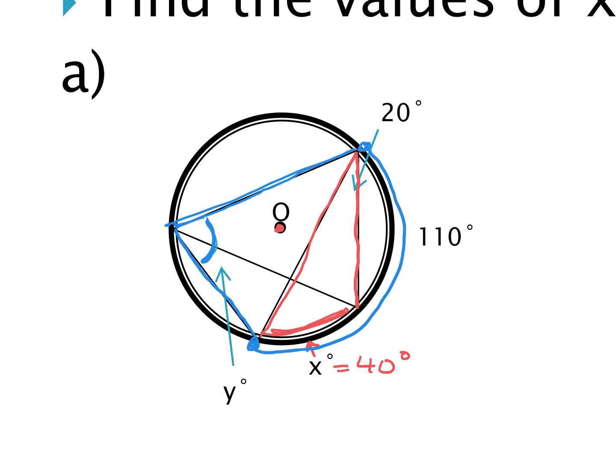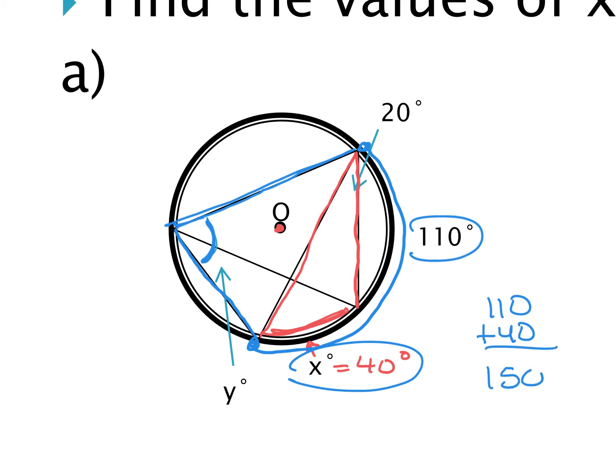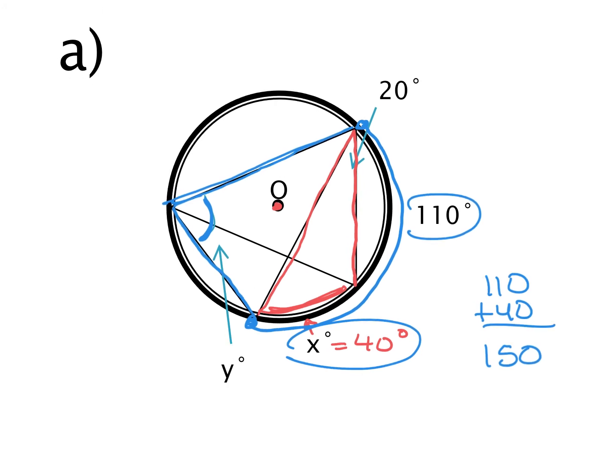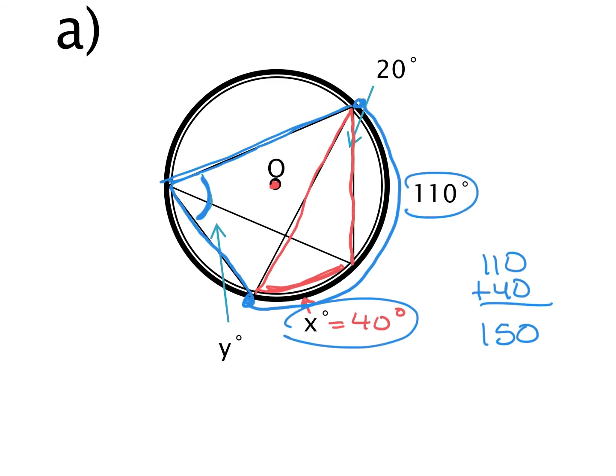So now to find the measure of its intercepted arc, I'm going to add 40 plus 110, use my arc addition postulate, add them, I get 150. And now to find the measure of angle y, remember it's half of the arc measure. So take 150, divide it by 2, and y equals 75.